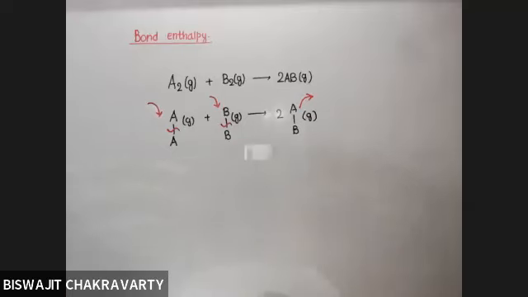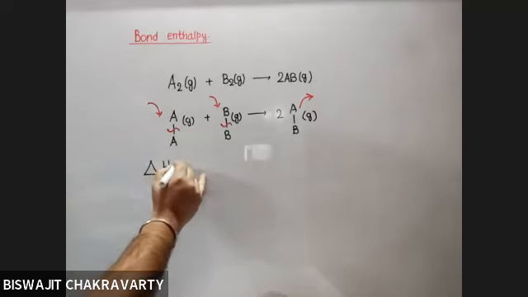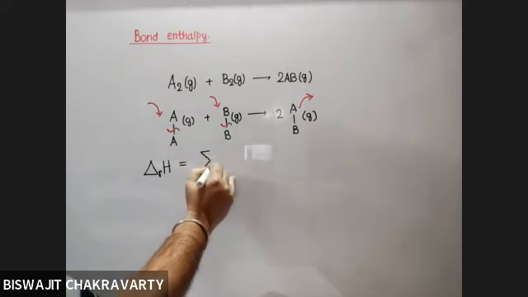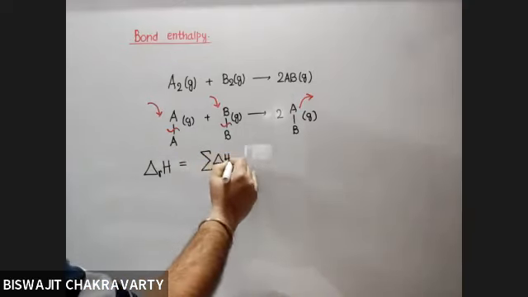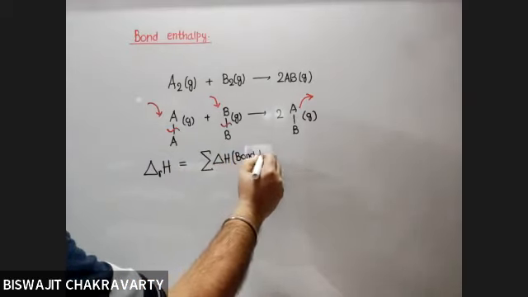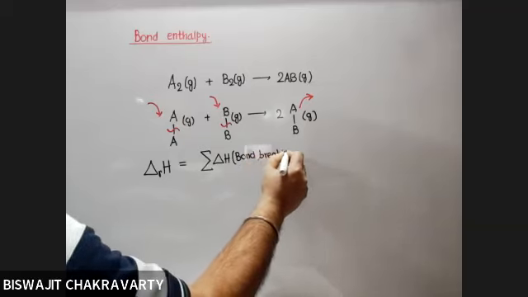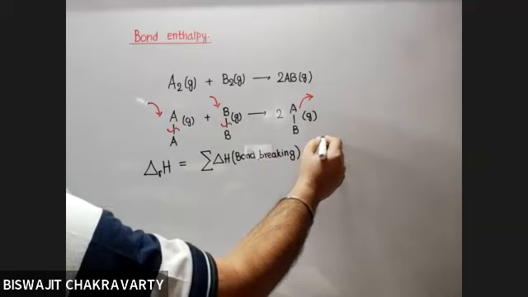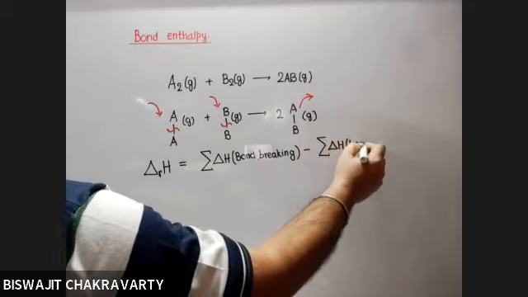So accordingly, in terms of bond enthalpy, the enthalpy of reaction will be the summation of delta H of bond breaking, that means how much energy is required to break the bonds, minus the summation of delta H of bond formation.